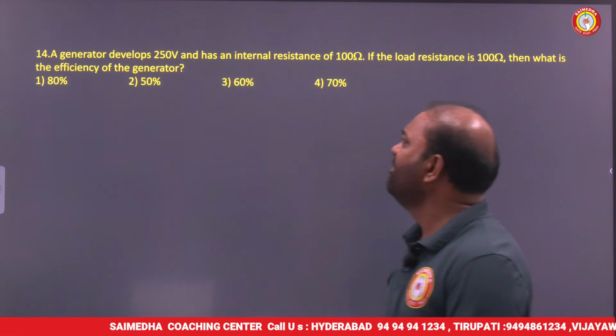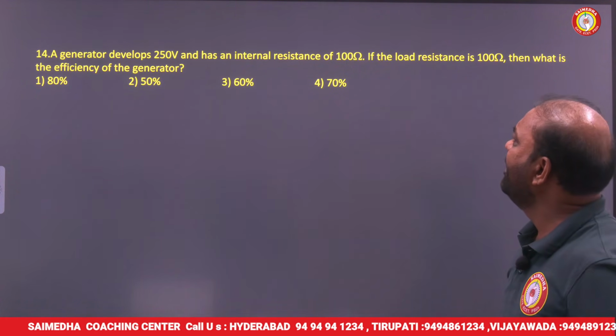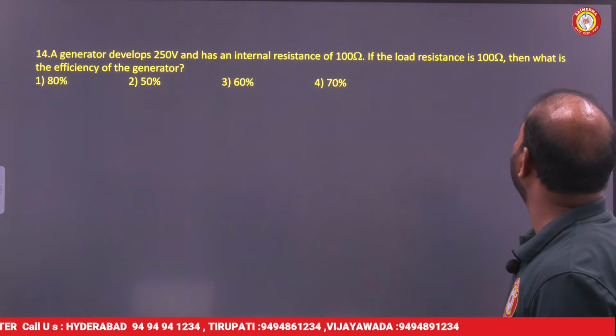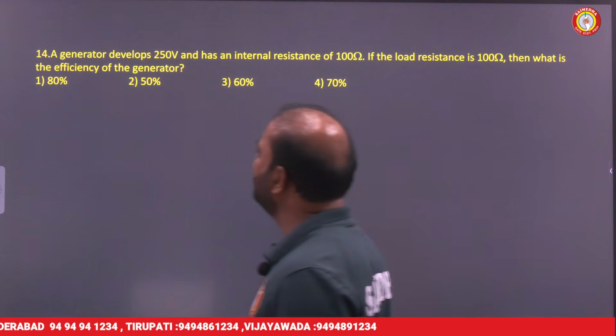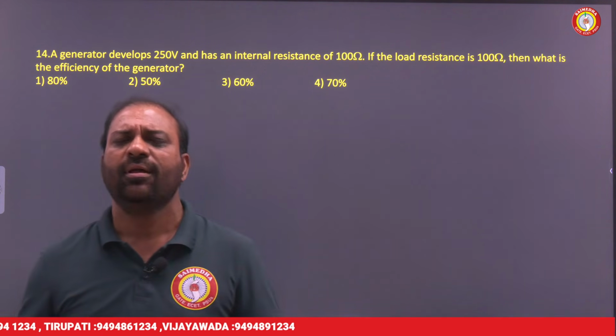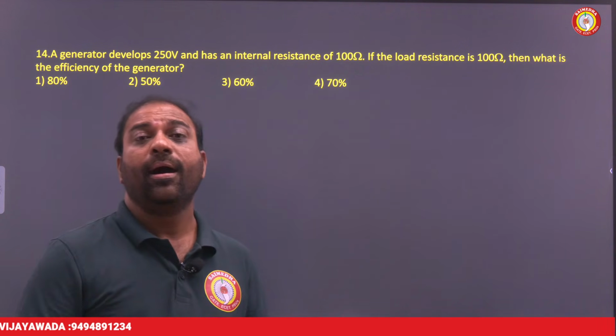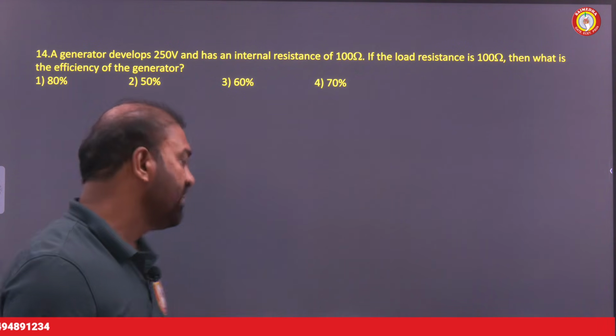A generator develops 250 volts and has an internal resistance of 100 ohms. If the load resistance is 100 ohms, then what is the efficiency of the generator? This resembles the efficiency of the maximum power transfer theorem.